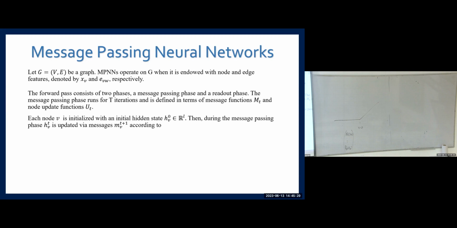And so how is this done? We receive some type of graph, right? To initialize each node in the graph, the hidden states, which are just some vectors, are randomly initialized. And then during the message passing phase, we iteratively update this hidden state according to the messages received. So formally, it looks like this.